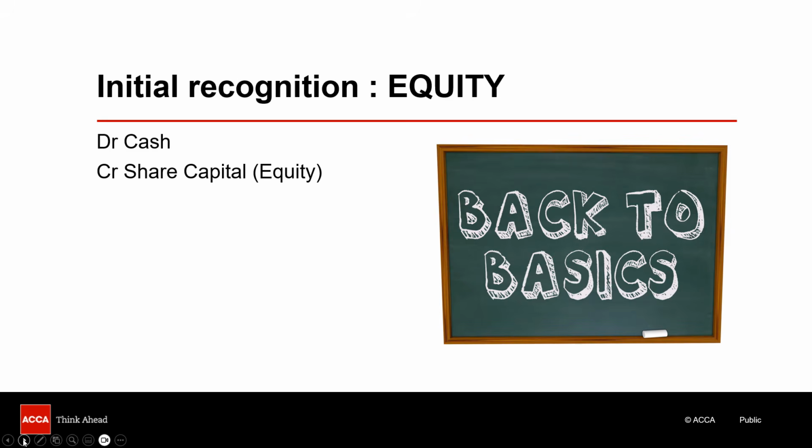In the old days, you might say share premium. Yeah, but we tend to say just share capital or other components of equity if there is a bit of a premium. The initial recognition, money comes in, top of the balance sheet goes up, equity goes up, we've issued shares. We've issued shares which we've classified as equity. So that's the initial recognition.